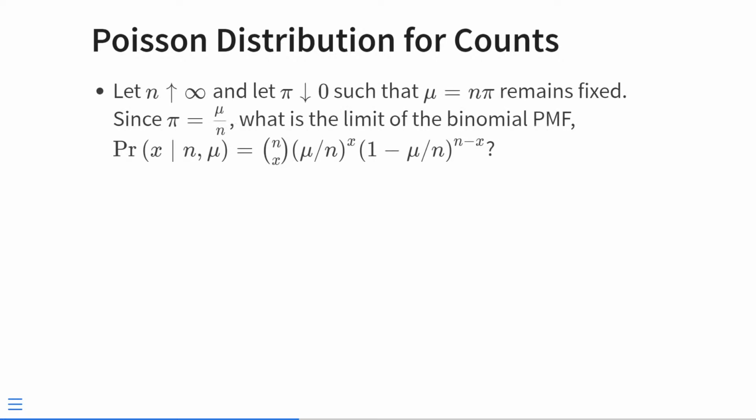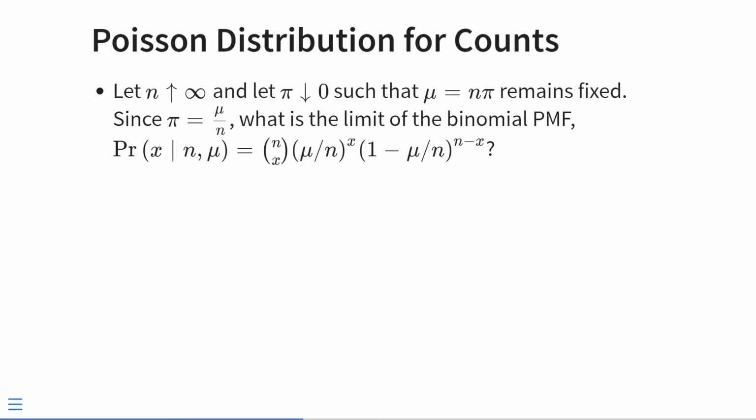Poisson for counts. So let's think of a binomial, but let n go to infinity. Now, if pi is fixed and n goes to infinity, then the expectation would be infinity. Not super interesting.